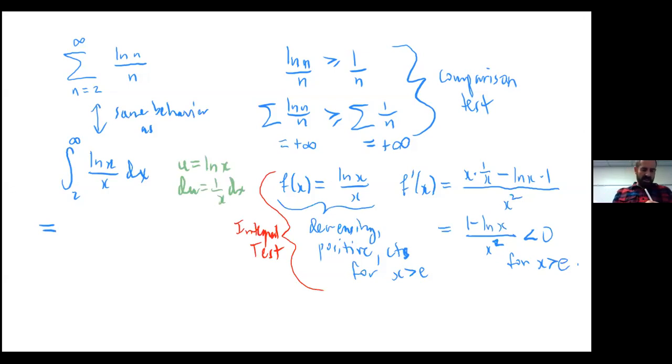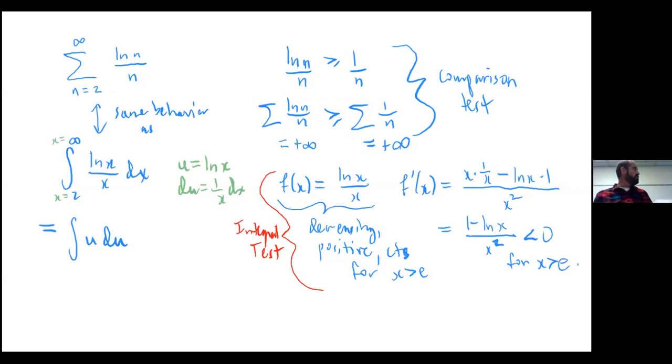Amazing, look at this. This is going to be the integral of u du, isn't it? And what are my new limits of integration? Remember, these limits were from x equal to 2 to x equal to infinity. So what are my new limits in u?